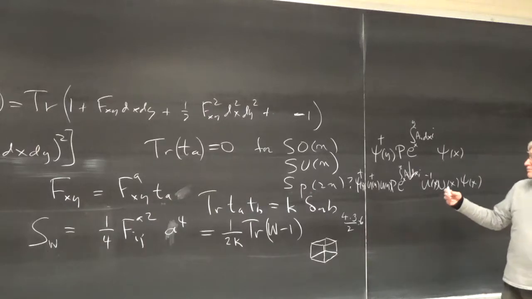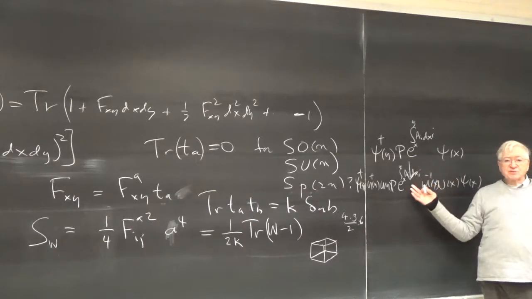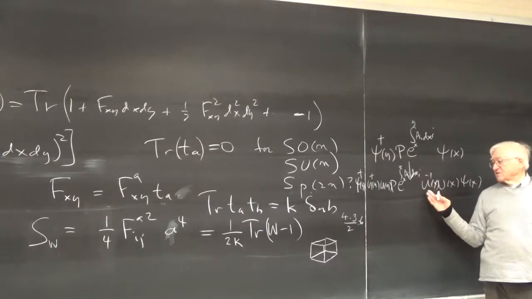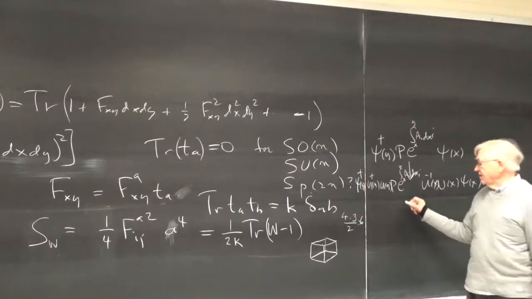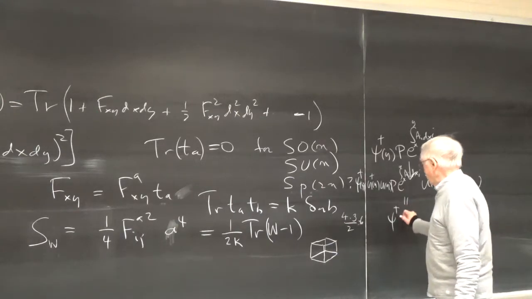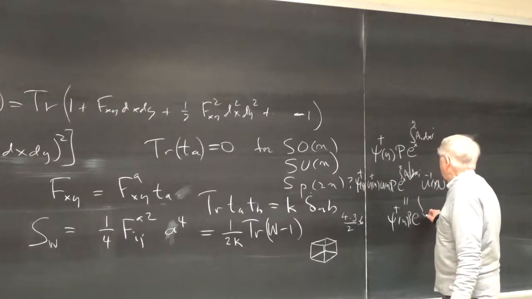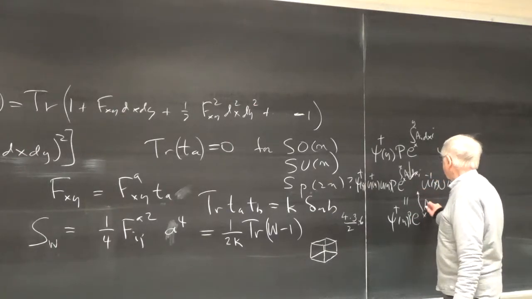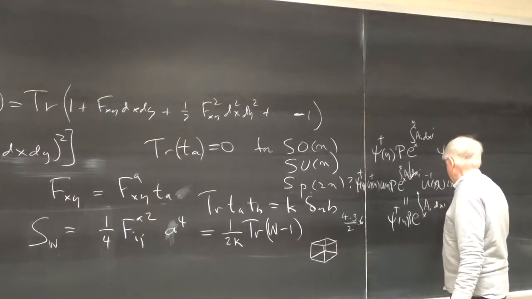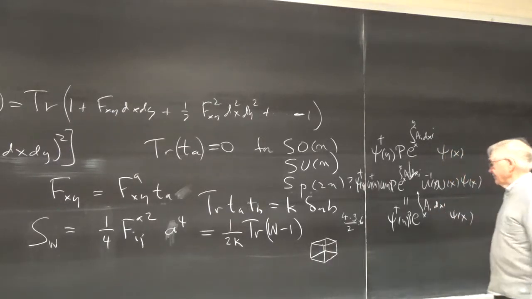So the Wilson line transforms in this way, and the whole thing is gauge invariant: psi dagger of y, e to the path-ordered integral from x to y of A_i dx^i, psi of x.